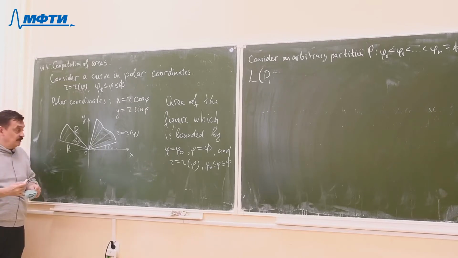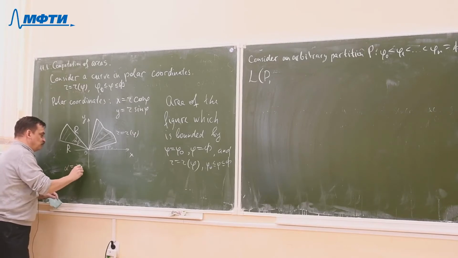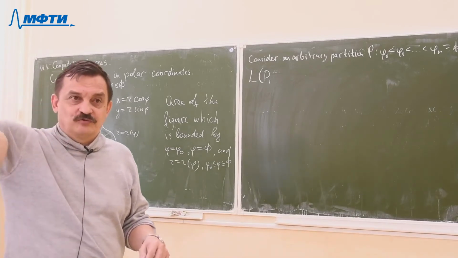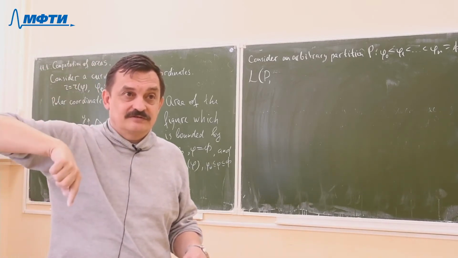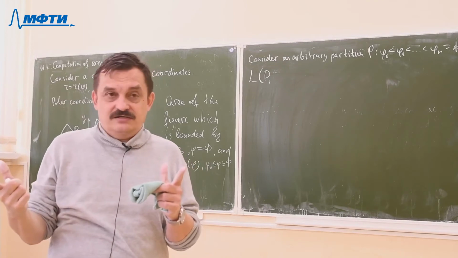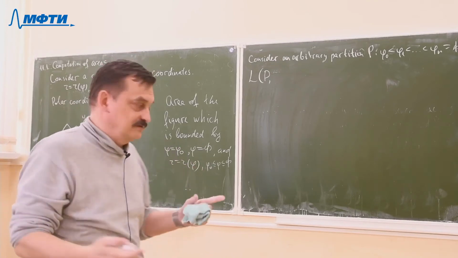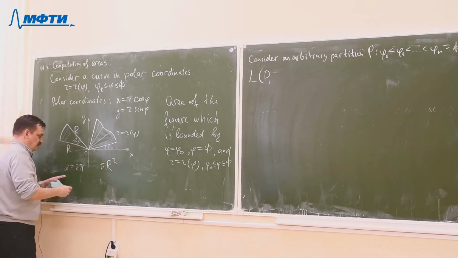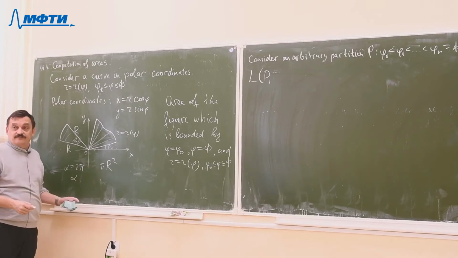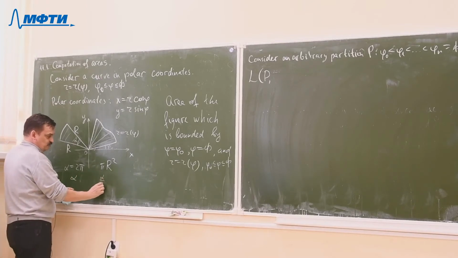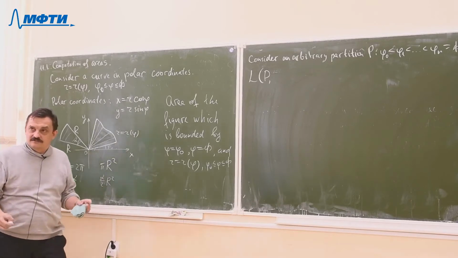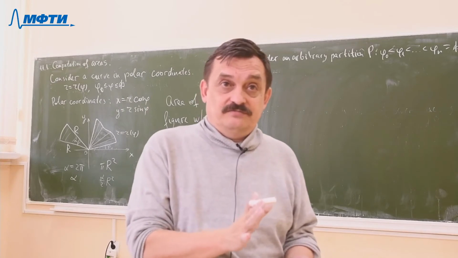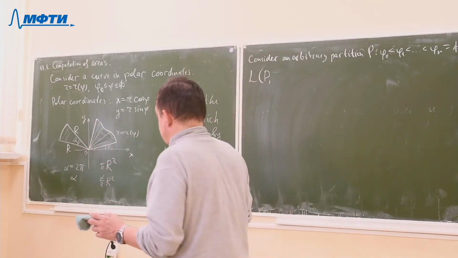If alpha equals 2 pi, then we have the area of the full disk of radius r, which is pi r squared. So for arbitrary alpha, we have alpha over 2 times r squared, right? So we know the area of a sector.